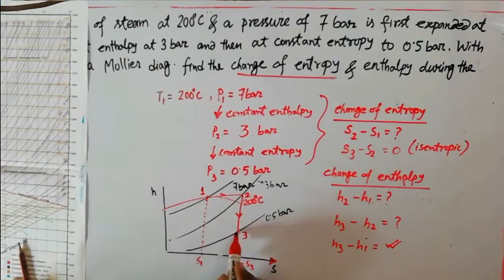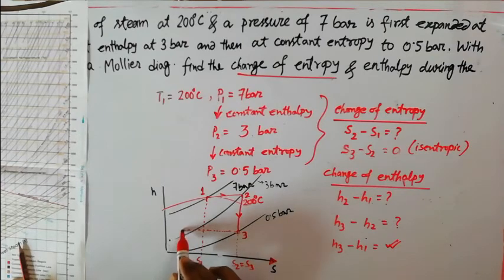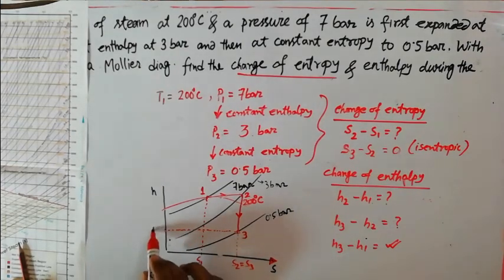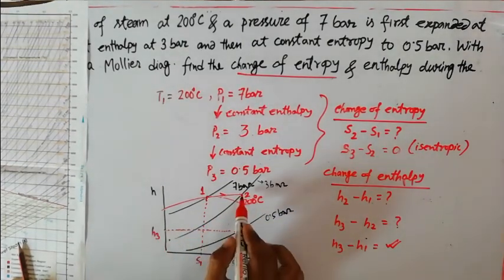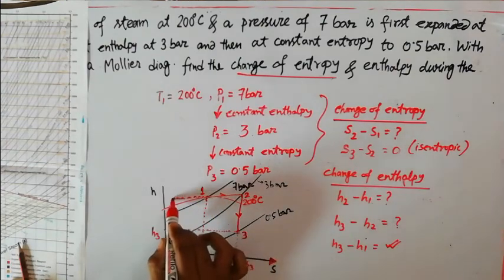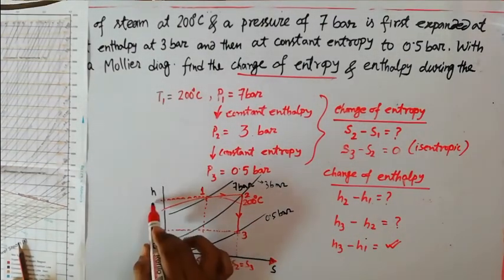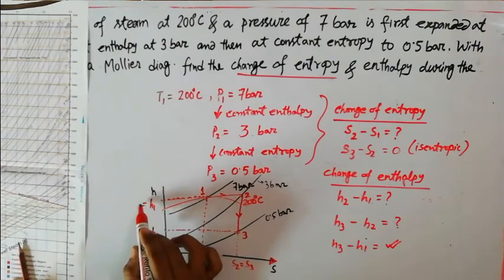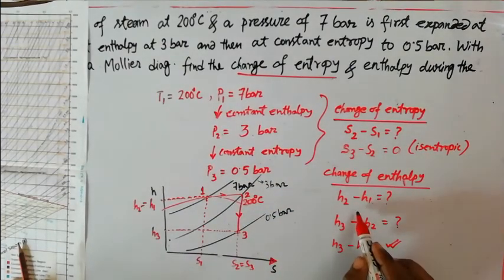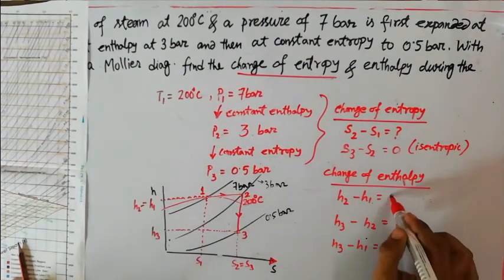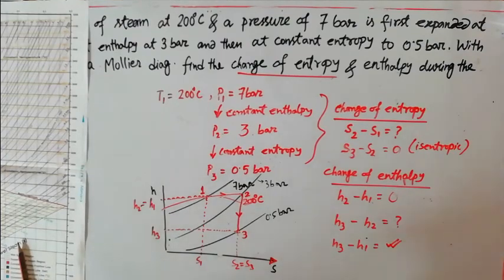Similarly, from 3, if you project onto the horizontal axis, you get the value of H3, and if you project from H1, it gives you H1 as well as H2. So H2 minus H1 is nothing but 0, because it is a constant enthalpy process.